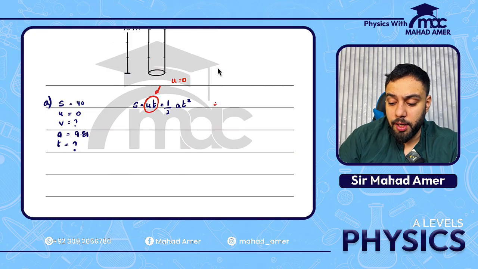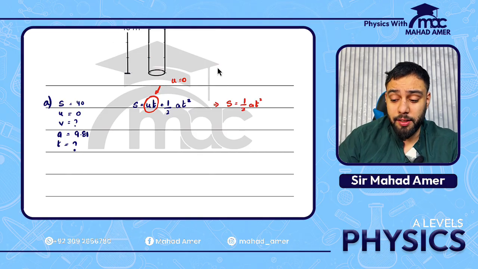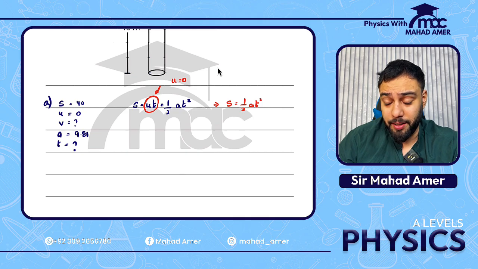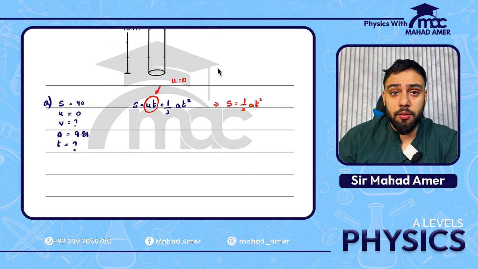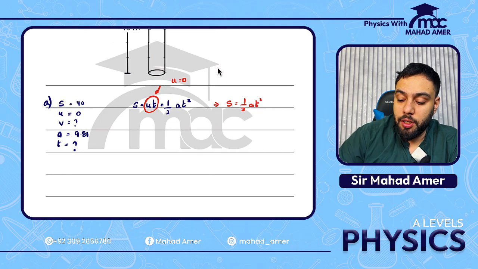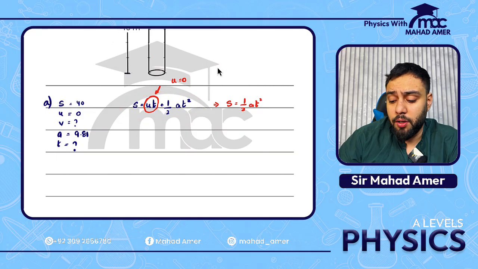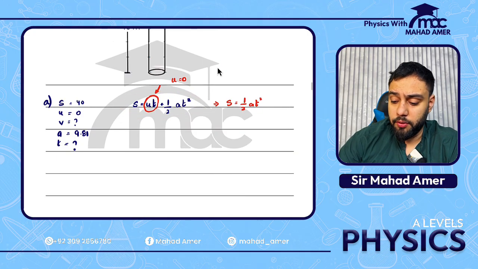So this formula can be just written as half AT squared. I just mean to make it a little bit less complicated. So rather than S equals UT plus half AT square, you can use S equals half AT square. But that's not my recommendation. I would recommend to write it fully and then understand why this becomes 0, because the initial velocity is 0.